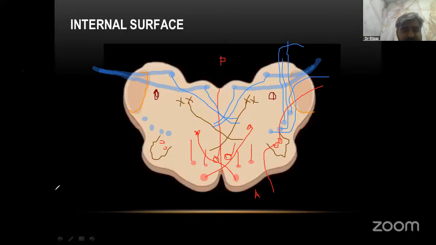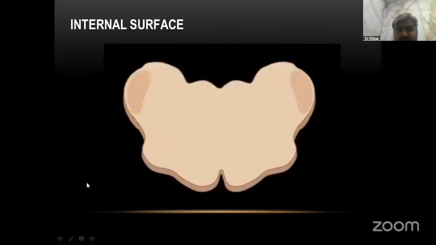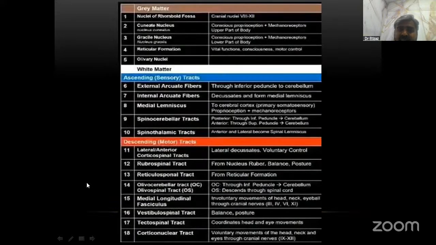So now these are the same we have discussed: the gray matter nuclei of the rhomboid fossa on the top, the cuneate, the gracilis, reticular formation, olivary nuclei, external arcuate, internal arcuate, medial lemniscus, spinocerebellar, spinothalamic tracts, anterior corticospinal tracts, rubrospinal, reticulospinal, olivocerebellar, olivospinal, medial longitudinal fasciculus, vestibulospinal tract, tectospinal or corticonuclear tract. We have discussed all these tracts, their related nuclei and a little bit of their functions.